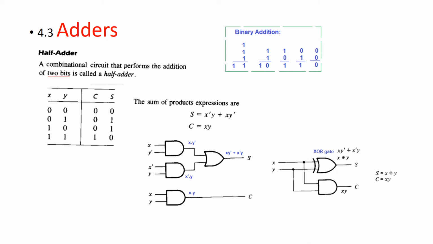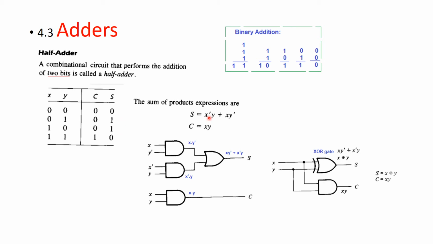Now, if you have learned the XOR gate, I'm sure you will remember that the XOR gate has the property that whenever the inputs are different, the output is 1. Like here, one is 0 and the other is 1, and here the first one is 1 and the other is 0, so the outputs are different, and this can be implemented by an XOR gate.